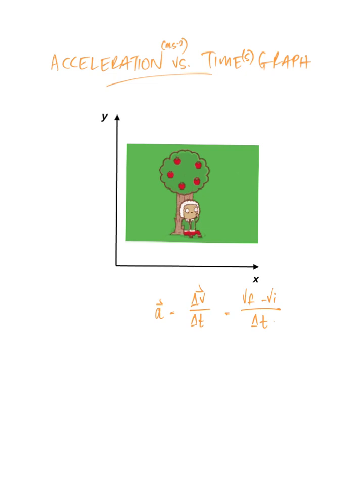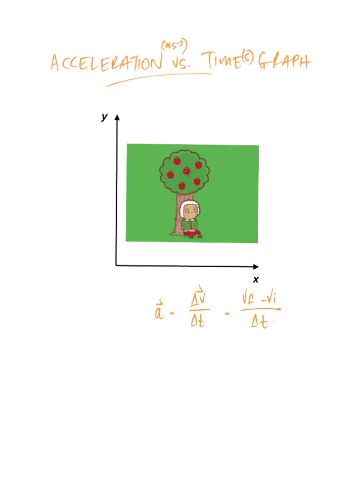So I need an idea of how the acceleration versus time graph works in terms of this falling apple, or whatever the case is.